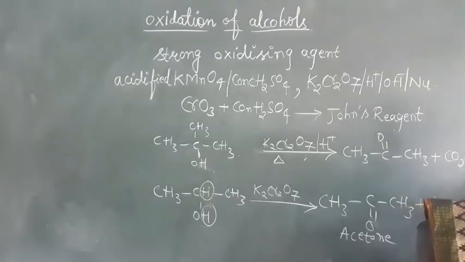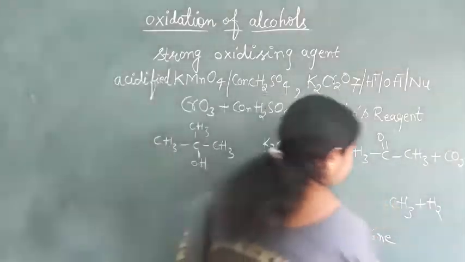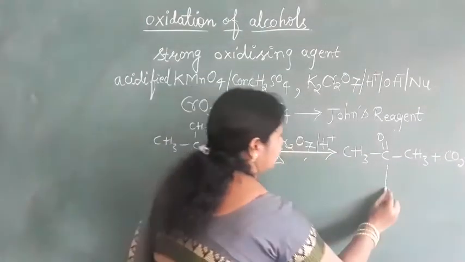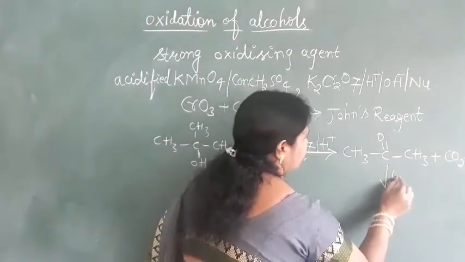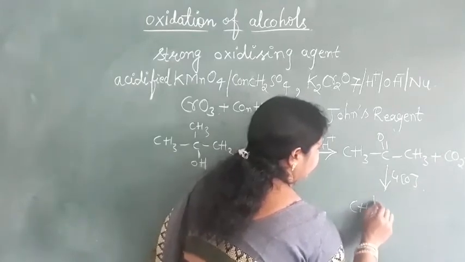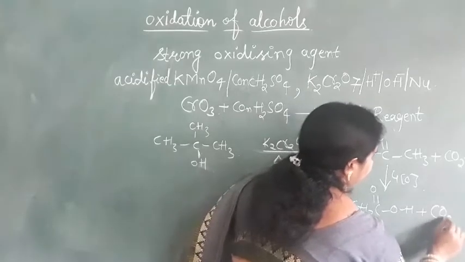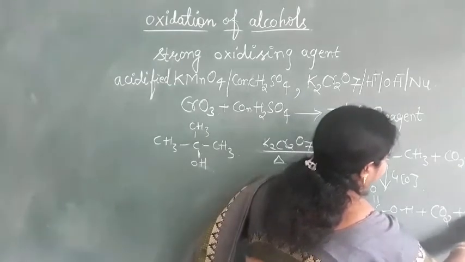Next, this will undergo further oxidation. Further oxidation here, and then we will get acetic acid plus CO2 plus H2O.